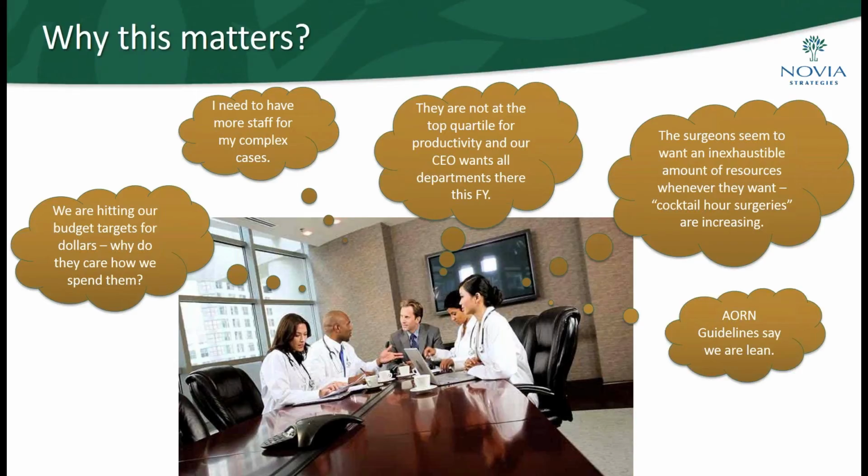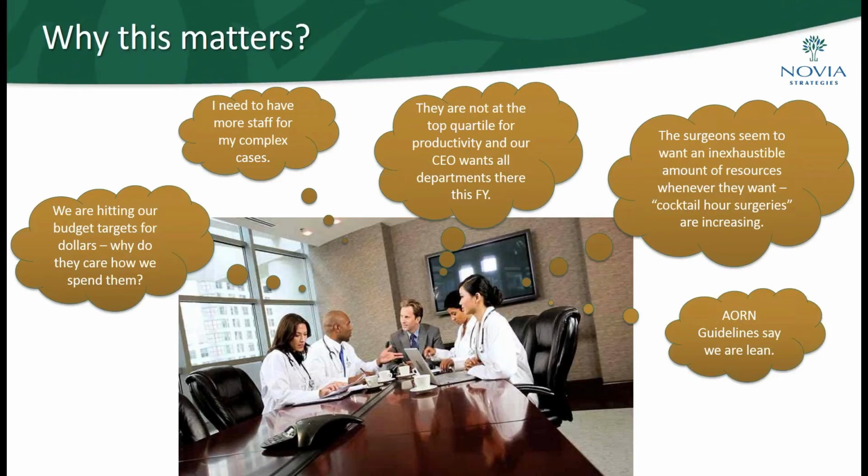The person in the middle is more of the finance guy or decision support guy that is more focused on performance to benchmarks, and his thoughts are that the perioperative services weren't at top quartile yet related to productivity, and the CEO's objectives were to get all the departments there this fiscal year.